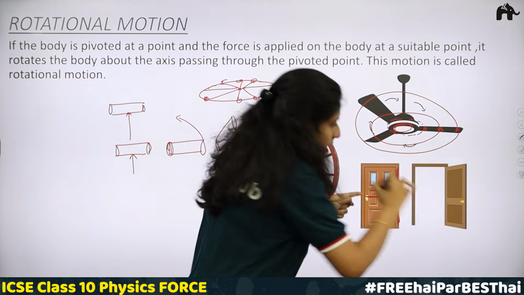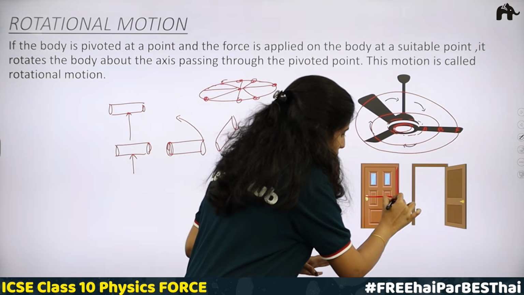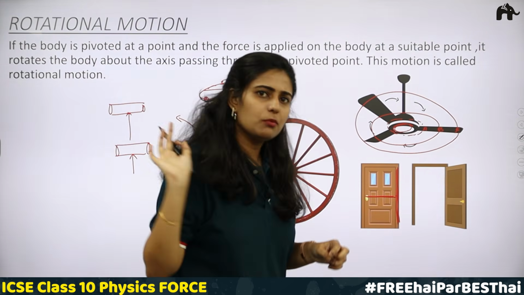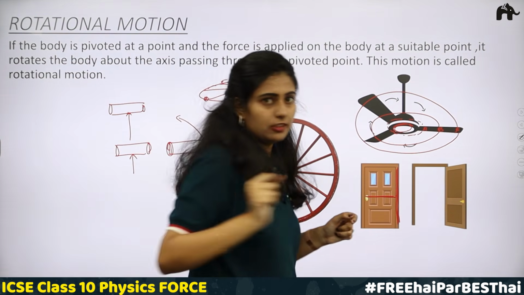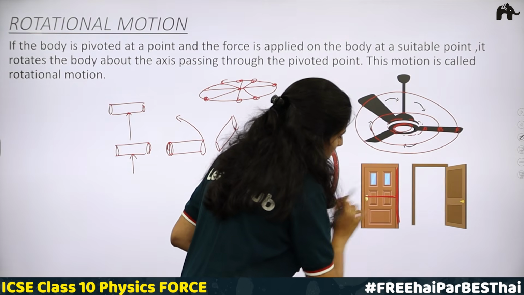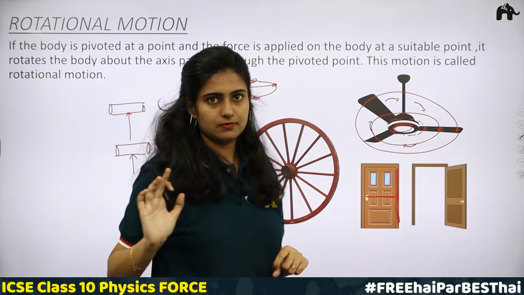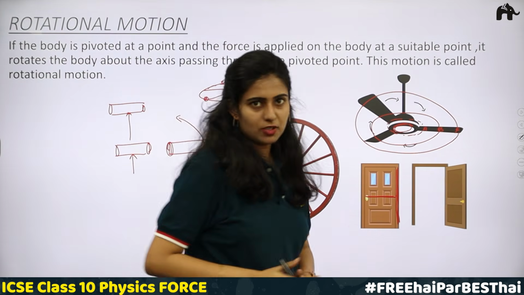Along this, the motion is happening. The door will get opened. If I apply a force here to pull, will the door open? No, right? We can open the door only when a force is applied at any other point, not a point on this hinge. Clear? This is an example of rotational motion.